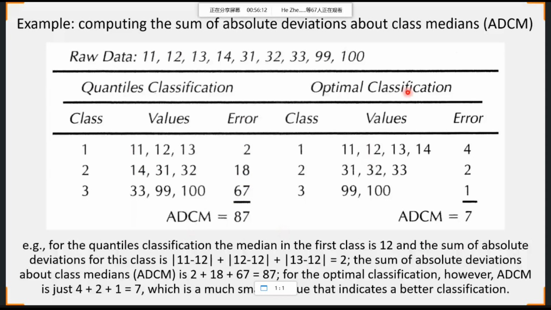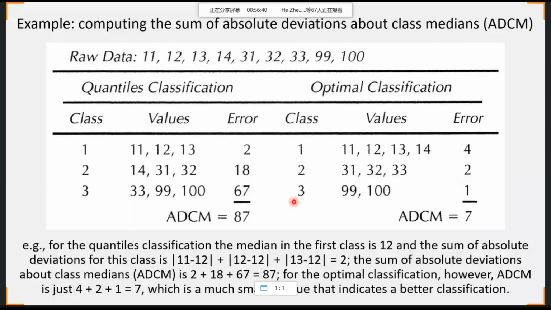For the optimal classification, in the first class you would classify the data values 11, 12, 13, and 14. So here the error is 4. That's even larger than in the quantiles classification. But then in the second class, you have 31, 32, and 33, and you have an error of only 2 compared to 18.